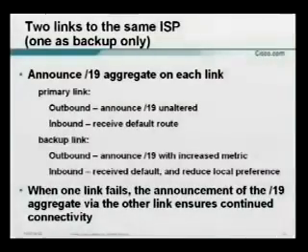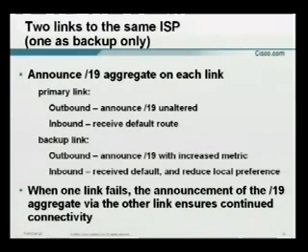Right. Okay. Outbound, we announce our /19 unaltered on the primary link, and on the backup link, we announce the /19, but with an increased metric. If you remember, lowest metric wins in any metric decision, so if you announce it with an increased metric to the neighboring ISP, then that becomes a less preferred path.